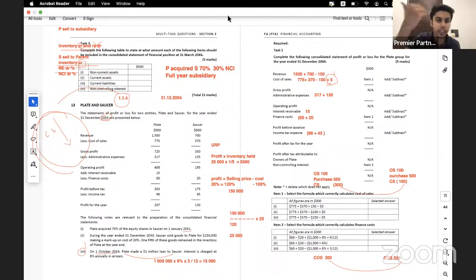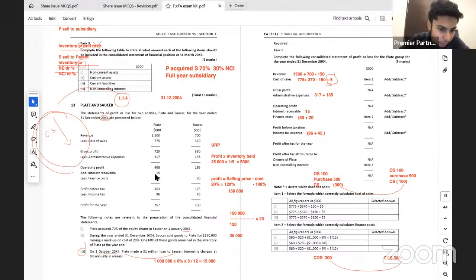So if someone gives a loan, they will receive interest. That's where over here they have shown interest receivable. So what you have to do? Remove it. Why? Because it's happening between parent and subsidiary, intra-group transactions. So from my answer sheet over here, I'm now going to remove 15. Done.